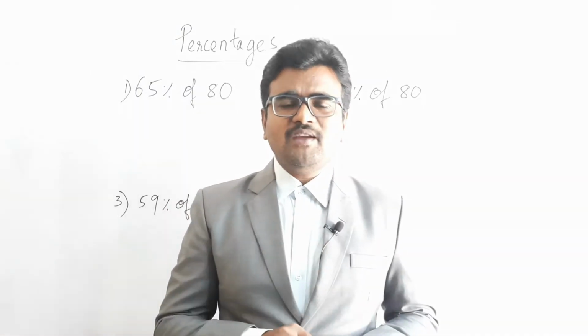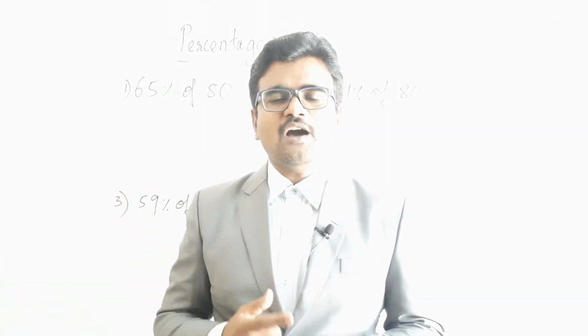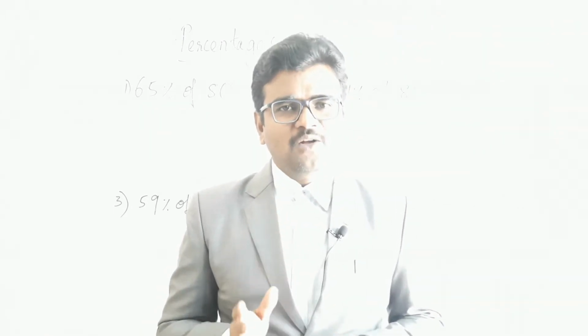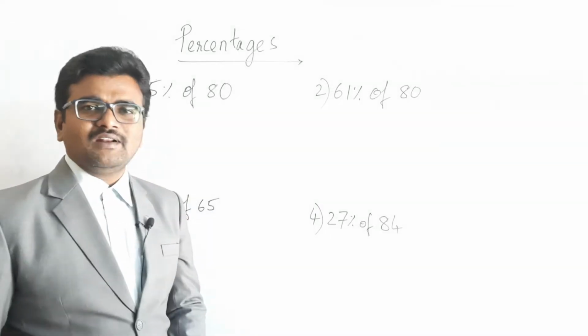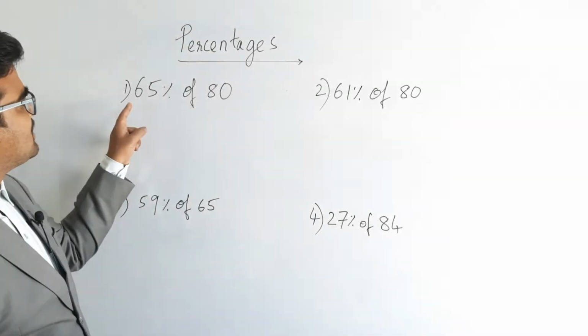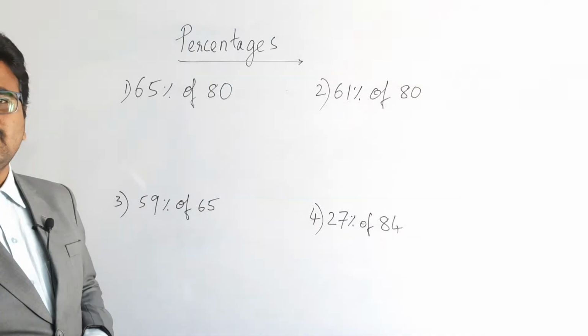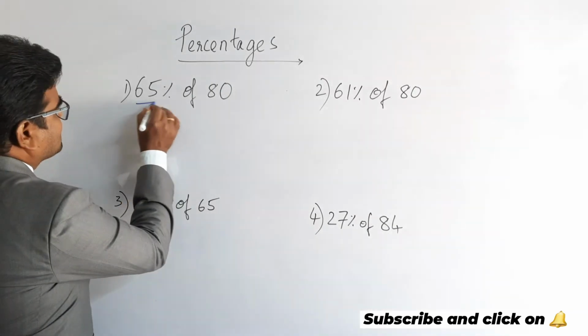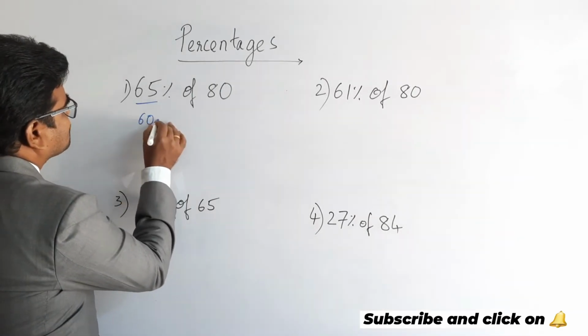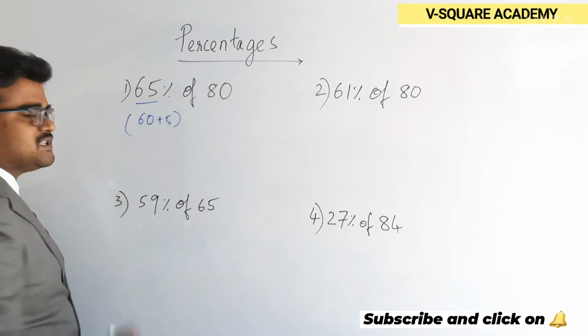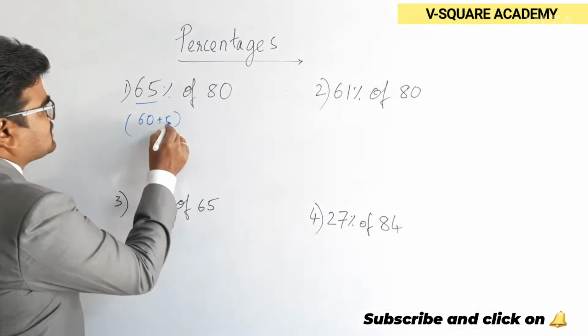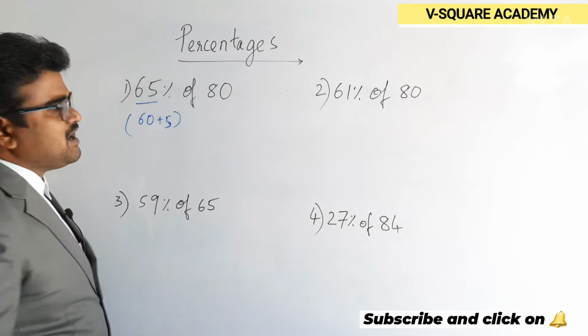In the previous method we directly multiplied the numbers. Now let's see how we can do percentages in another easy and simple manner, with 4 examples. In 65% of 80, I am splitting 65 as 60 plus 5. What is 60% of 80?